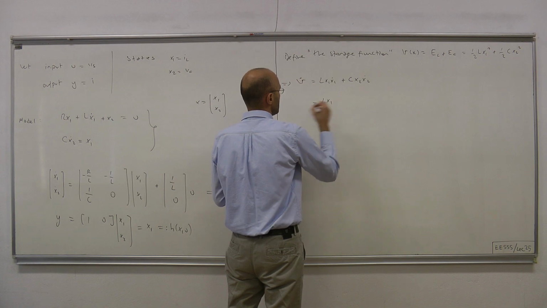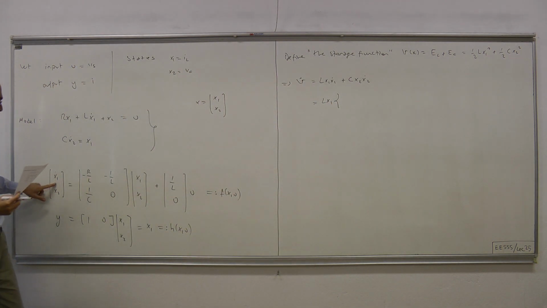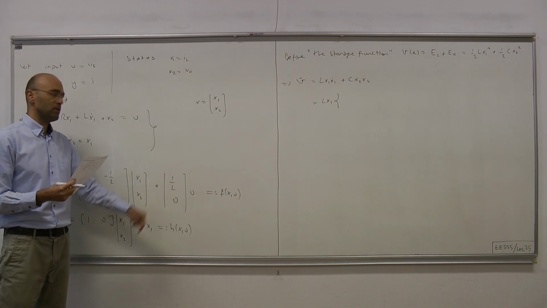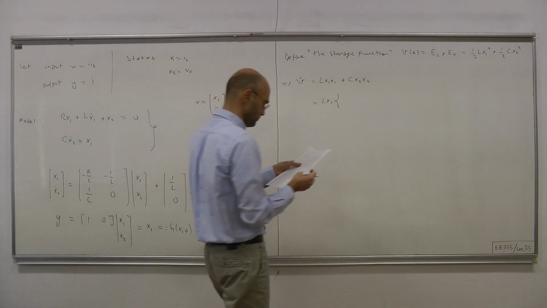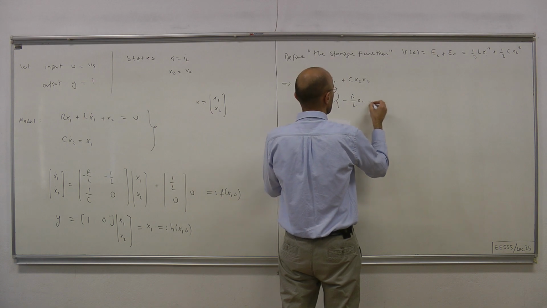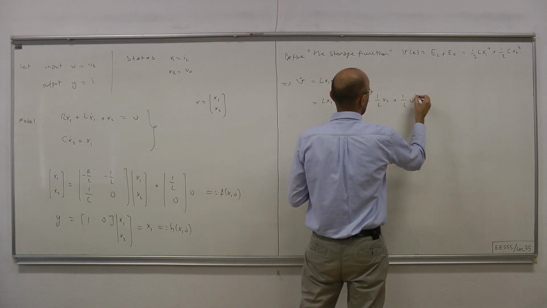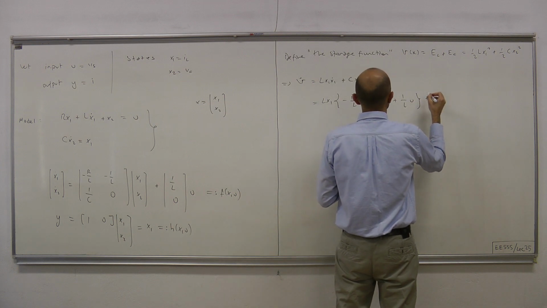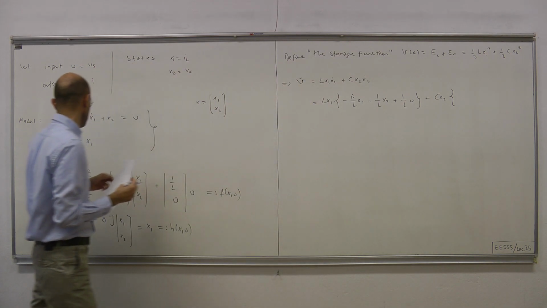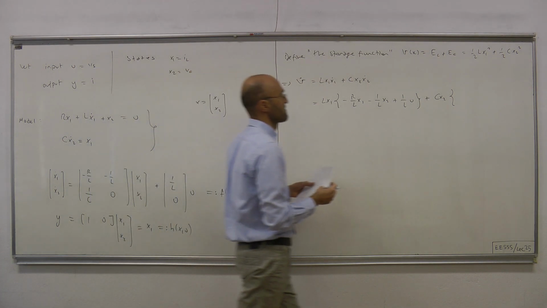That equals L x1 times x1 dot, and x1 dot is here, minus R over L x1 minus 1 over L x2 plus 1 over L u, plus C x2 times x2 dot, and x2 dot is here, simply x1 over C.